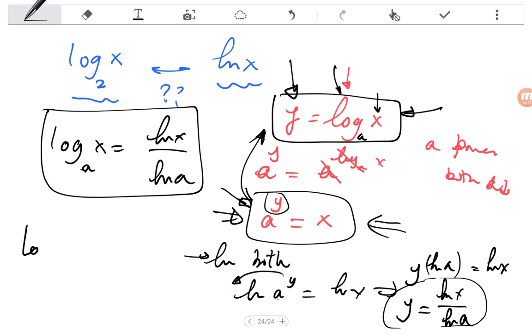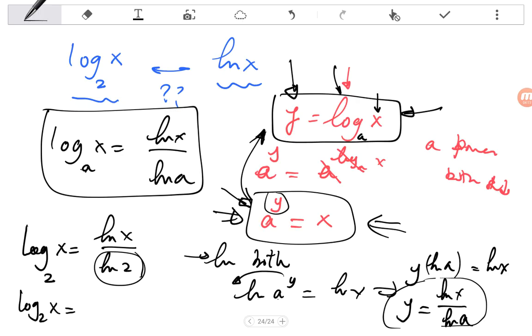If I need to say log to the base 2 of x, that is equal to ln x over ln 2, and that is a constant, just a number. So it is just as if there is a scaling to the ln x I have. And by the way, if I say just log without mentioning the base, it is meant to be 10.